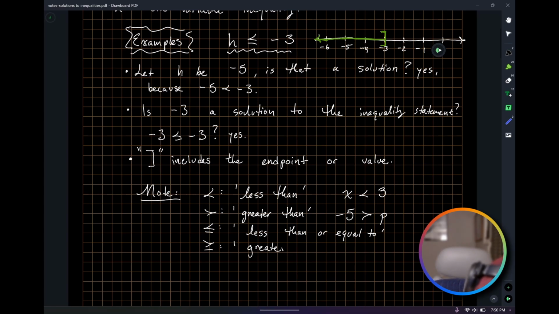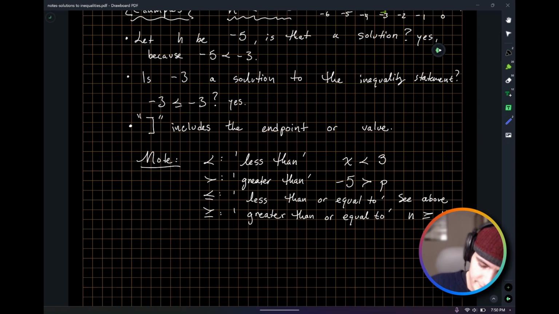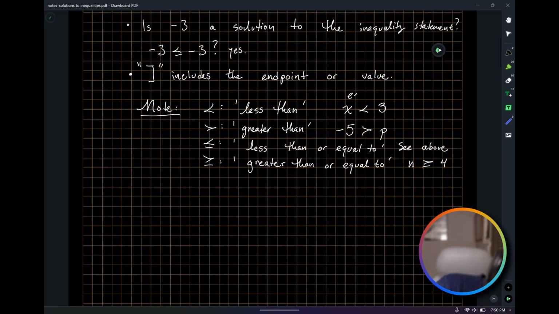And this one is greater than or equal to. Maybe an example would be N is greater than or equal to 4. So these are examples.